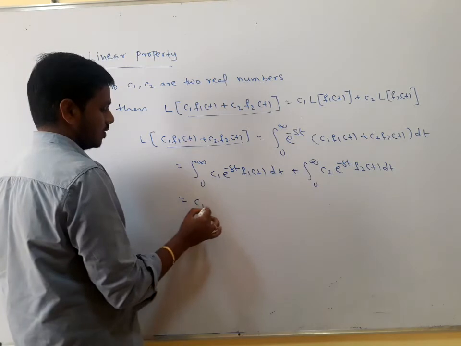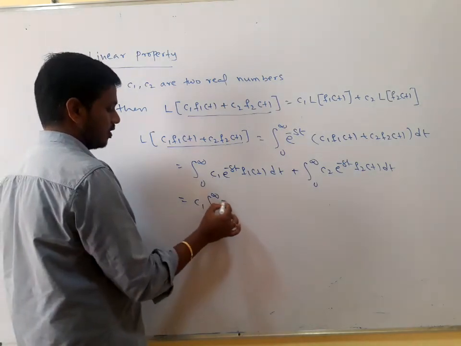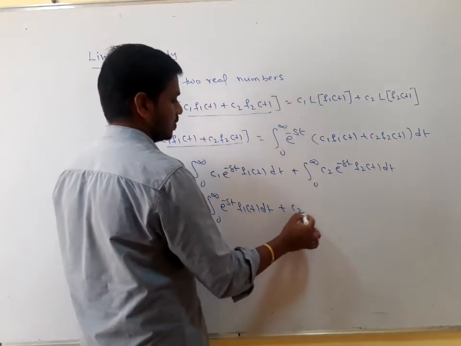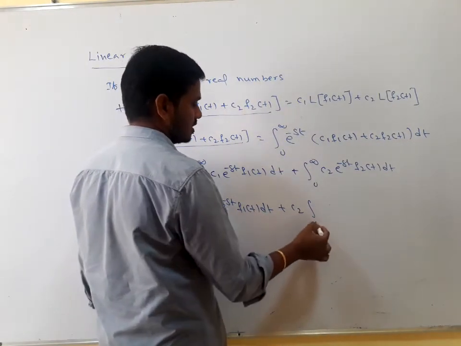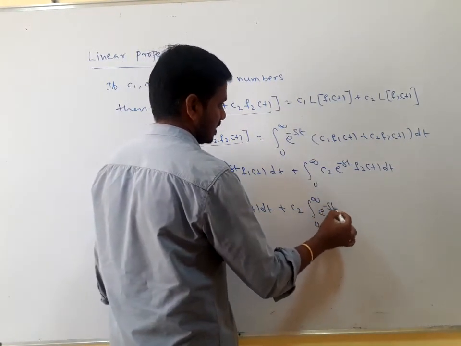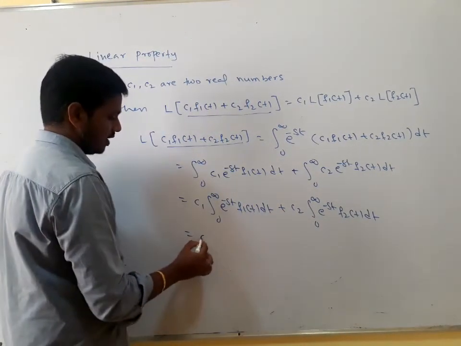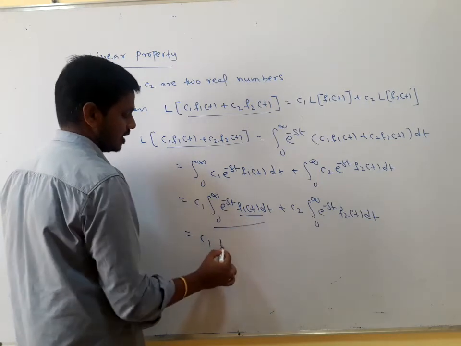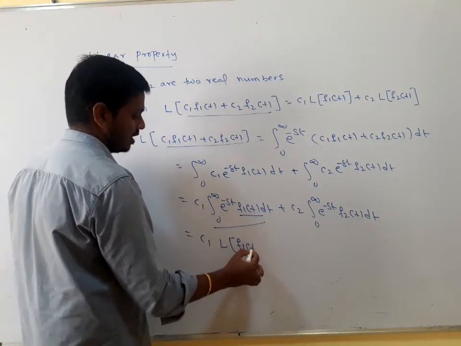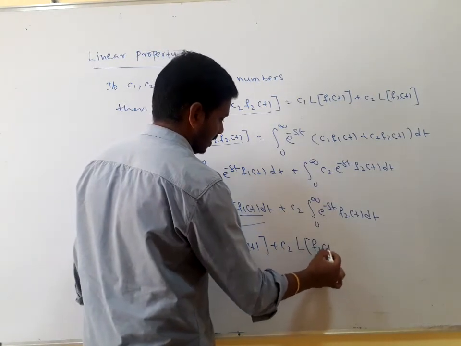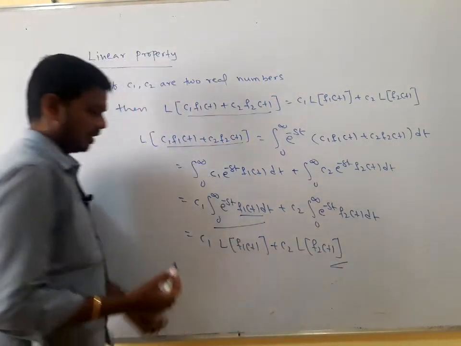It is c1 times the integral from 0 to infinity of e to the power of minus st f1 of t dt plus c2 times, since it is a constant, it goes before the integration, e to the power of minus st f2 of t dt. From the definition of the Laplace transform, this can be written as c1 times the Laplace transform of f1 of t plus c2 times the Laplace transform of f2 of t. Yeah, this is the linear property.